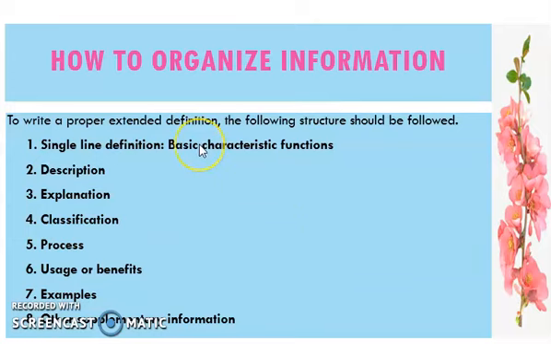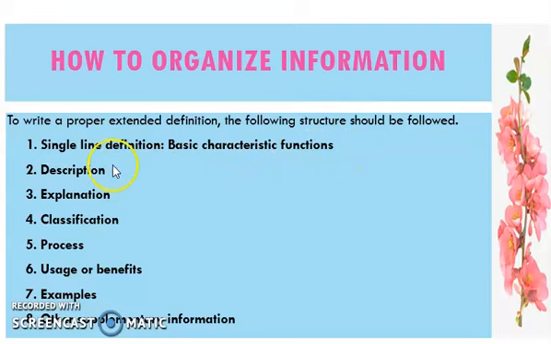One must learn how to arrange the following details in proper order in order to get a proper structure of an extended definition. Let's say in the first sentence we must have a single line definition, that is a basic characteristic function. In order to extend this basic definition, we must add description.